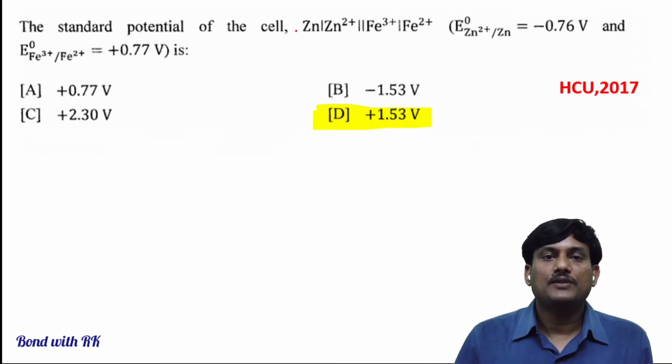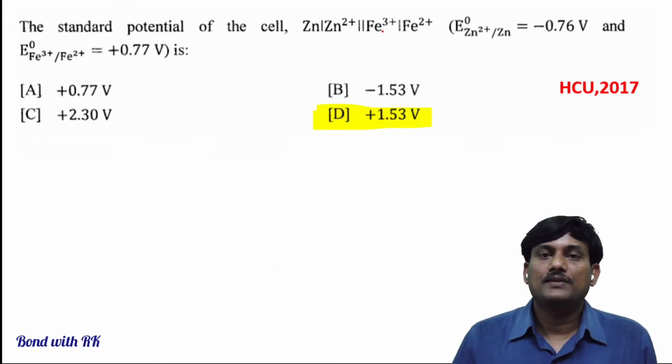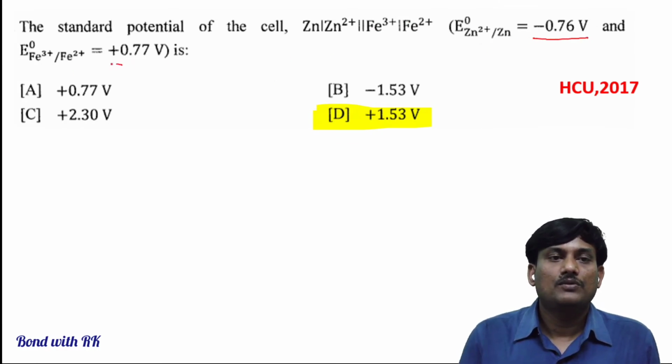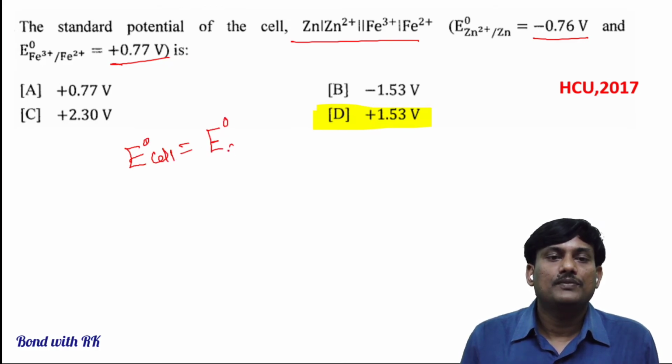The standard potential of the cell Zn2 plus, Fe3 plus, Fe2 plus, and okay, these reduction potentials are given. What is the E cell? Okay, E0 cell is equal to E0 of cathode minus E0 of anode. Both are reduction potentials.